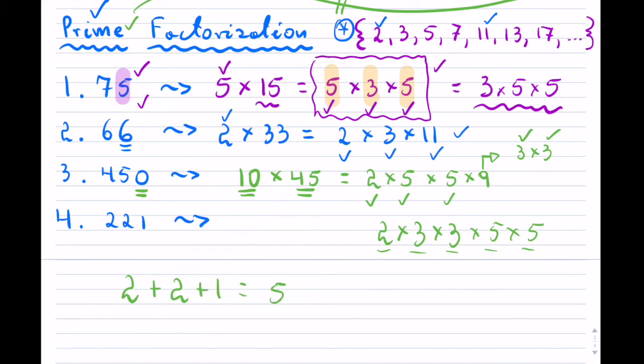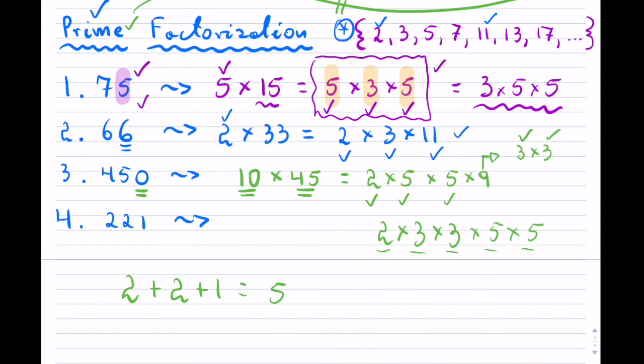If I do sum of digits, I'll get 5, which unfortunately is not divisible by 3. So 3 does not work. Let me check the next one, which is 5. And notice I am going in order if I do not see right away if something divides into 221. So 5 will not work because it ends in 1.